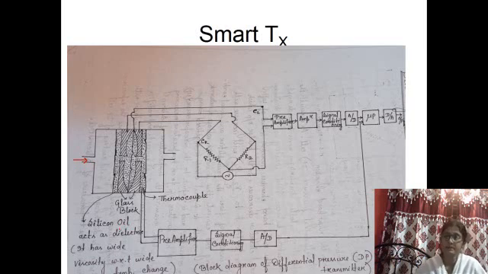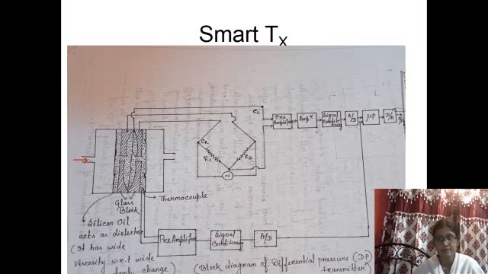So smart features and intelligent features: the span adjustment and zero adjustment for a pneumatic system require human intervention in order to adjust the span's screw position, and the zero elevation or zero suppression screw position should be changed manually.